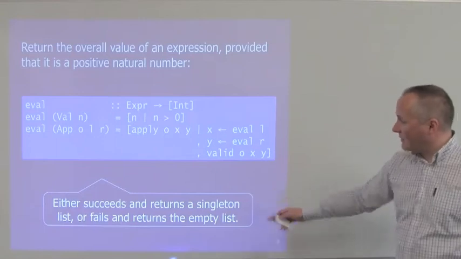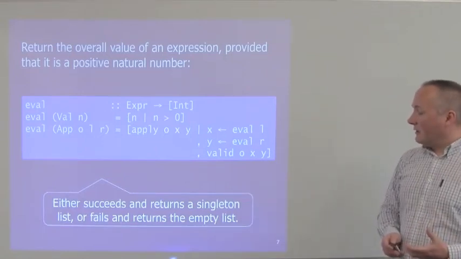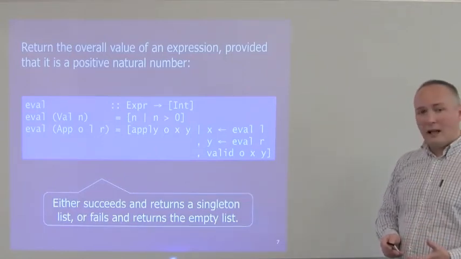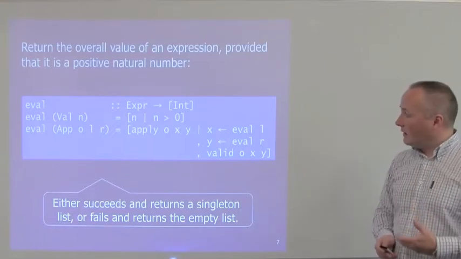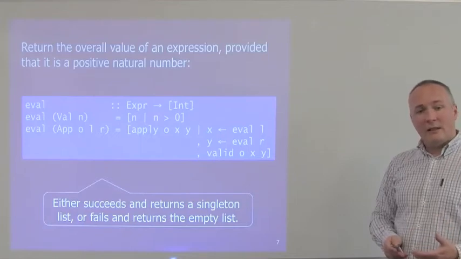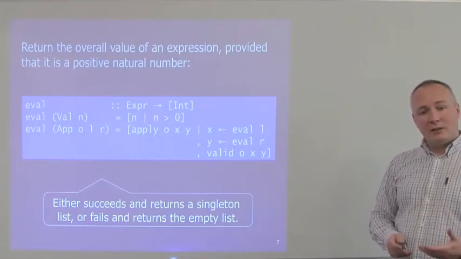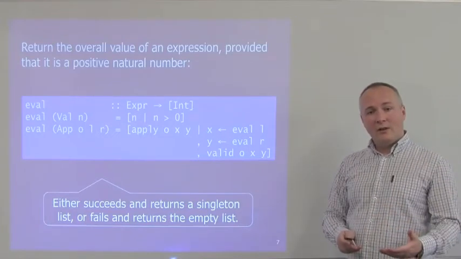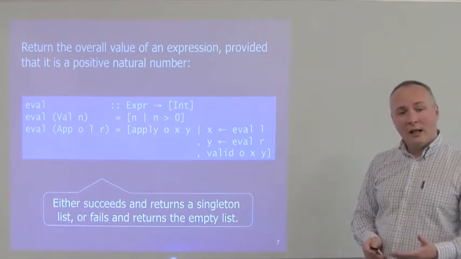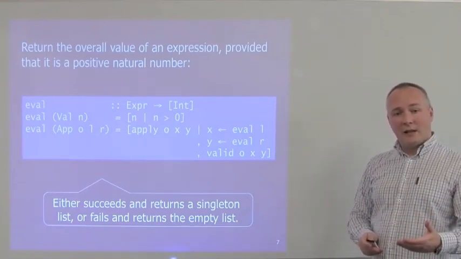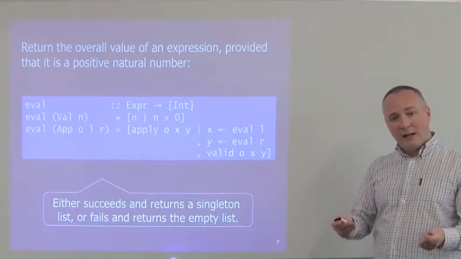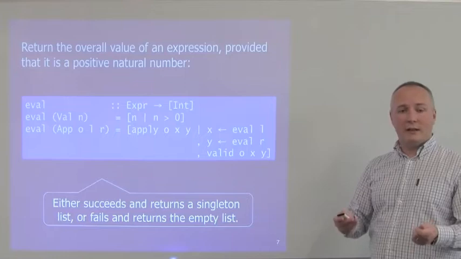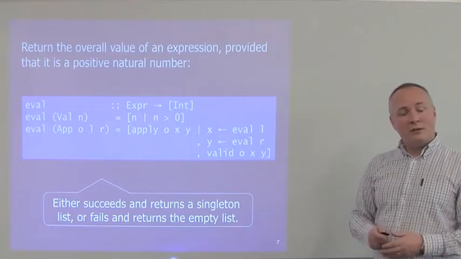Well, if you read the box at the bottom, this function is either going to succeed and return a list with one number in it, which is our result, or it's going to fail and return the empty list. And it may fail because of this constraint that we're not allowed to use 0, we're not allowed to use negative numbers, and we're not allowed to use proper fractions. So when we're evaluating an expression, if we go outside the realms of positive natural numbers, then we're going to need to fail.